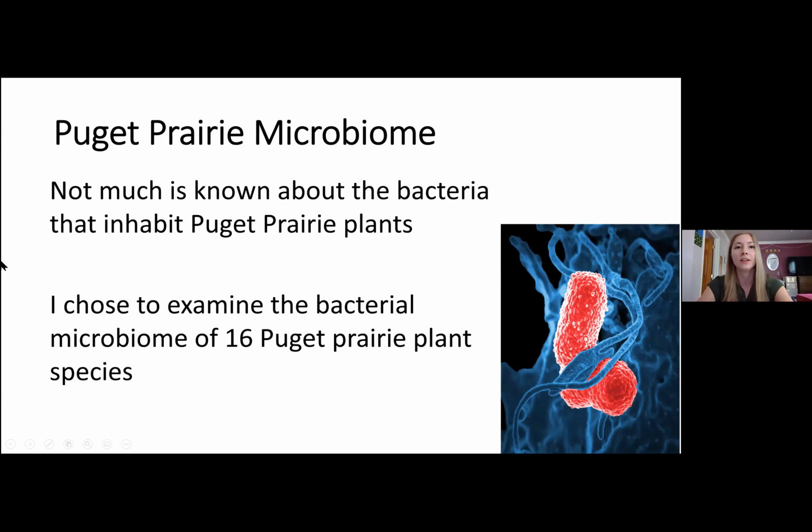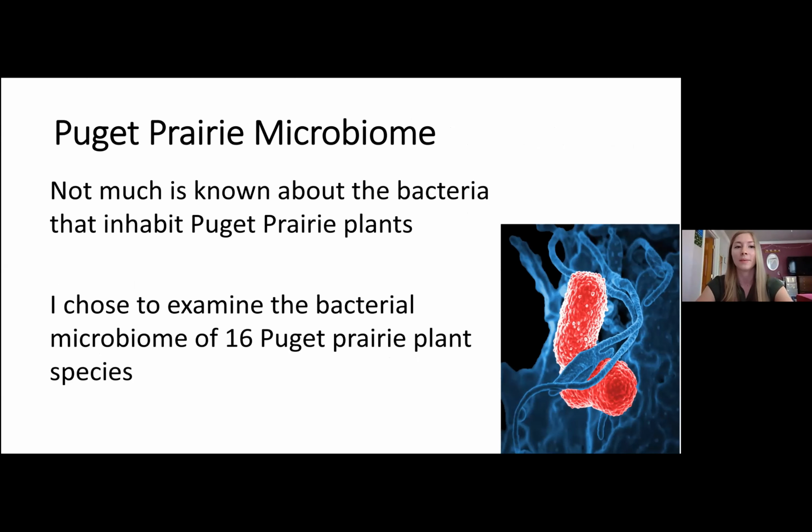We're interested in looking at the Puget Prairie microbiome because not much is known about the bacteria that inhabit these Puget Prairie plant species. No one has performed an in-depth survey of what bacteria exist in the Puget Prairie plants. So that is what I decided to base my research off of.